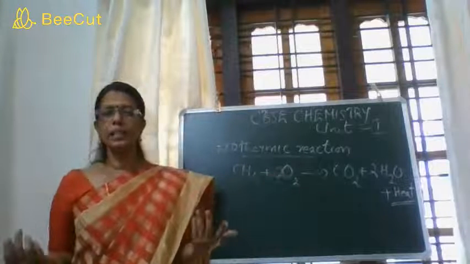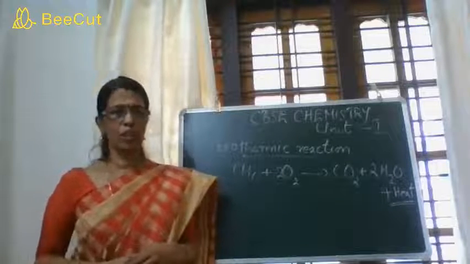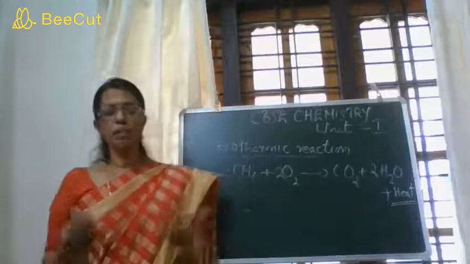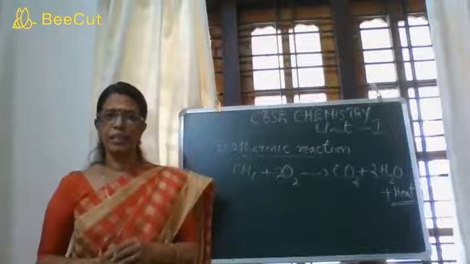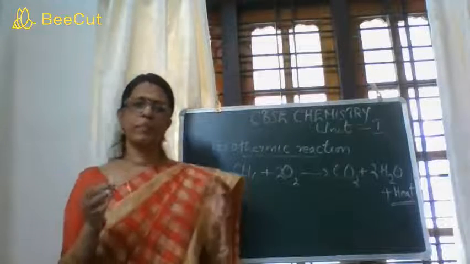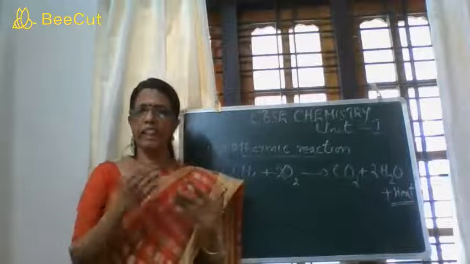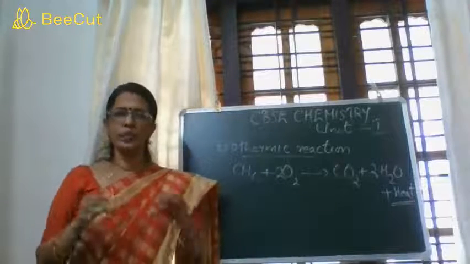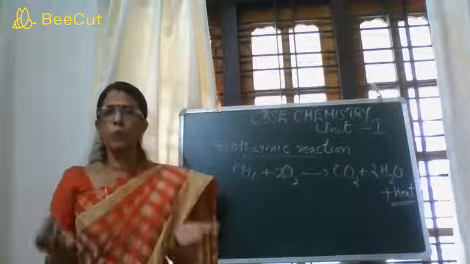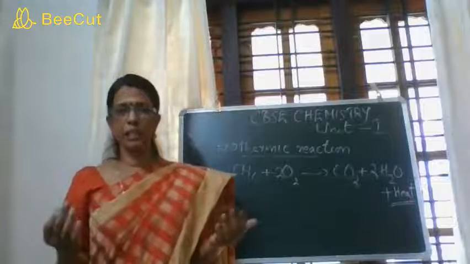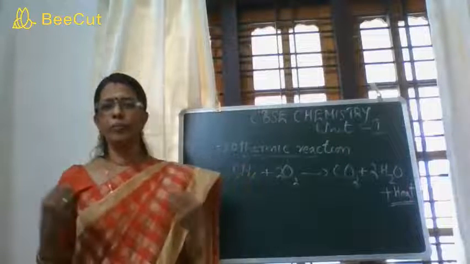There are also more examples of exothermic reactions. Decomposition of vegetable matter: when we put vegetable matter, that is, waste from the kitchen, into a compost pit. You can prepare such pits in your home.